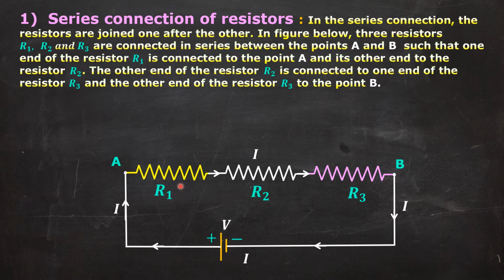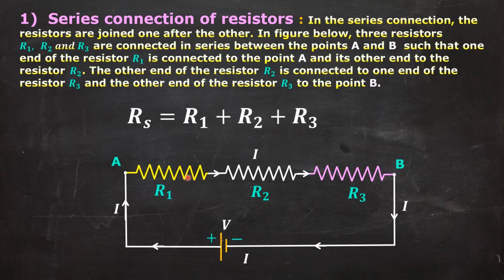Now if these three resistors are connected in series, what is the equivalent resistance between the points A and B? Here is the formula: Rs equal to R1 plus R2 plus R3. Here Rs is the equivalent resistance when the resistors are connected in series.